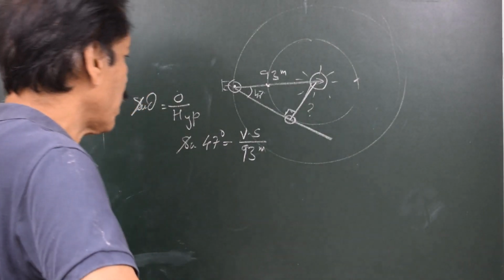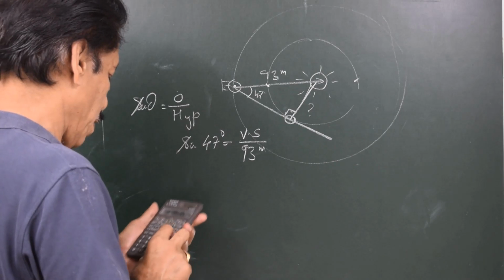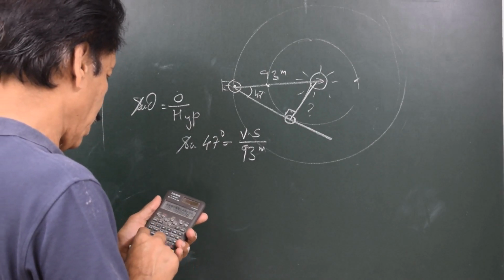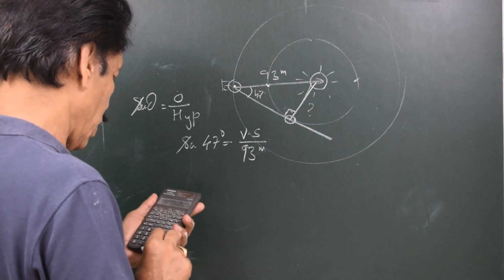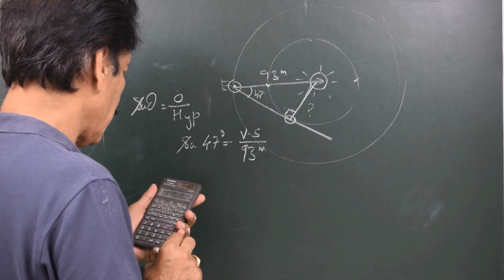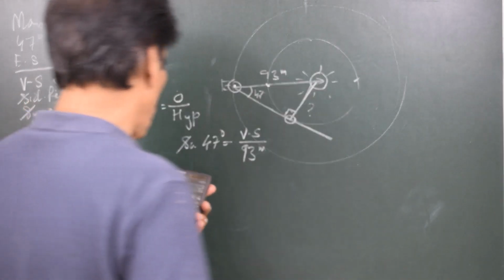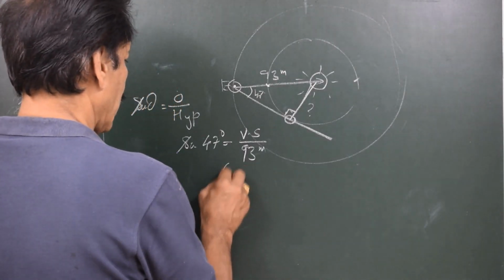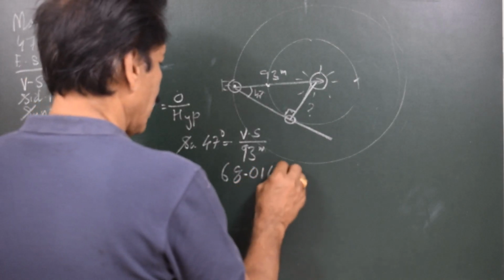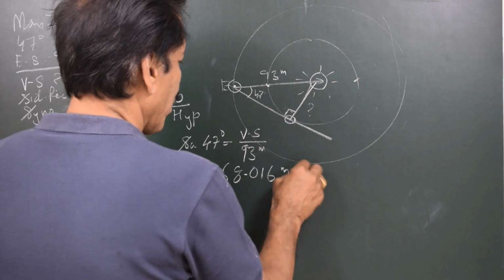So let's do this. Sine 47 degrees multiplied by 93 gives me approximately 68.016 million miles.